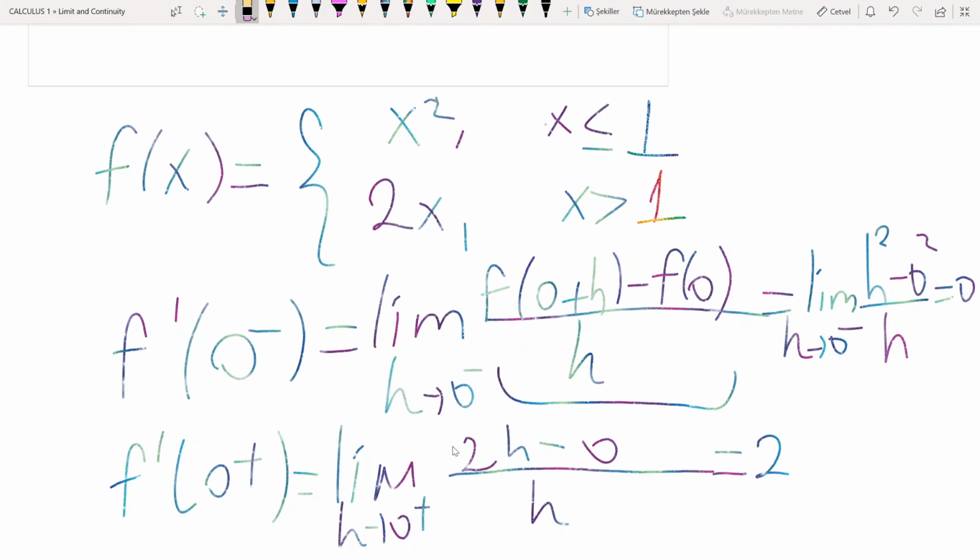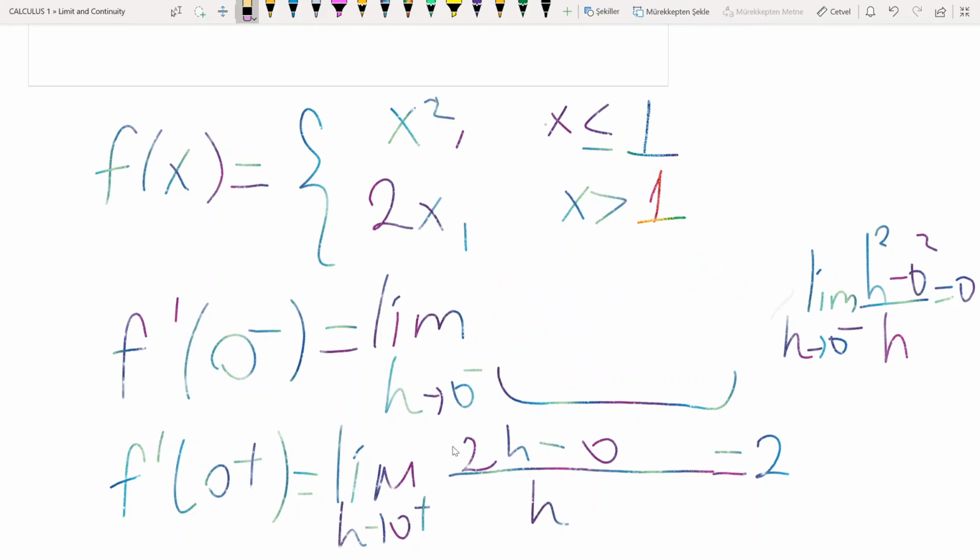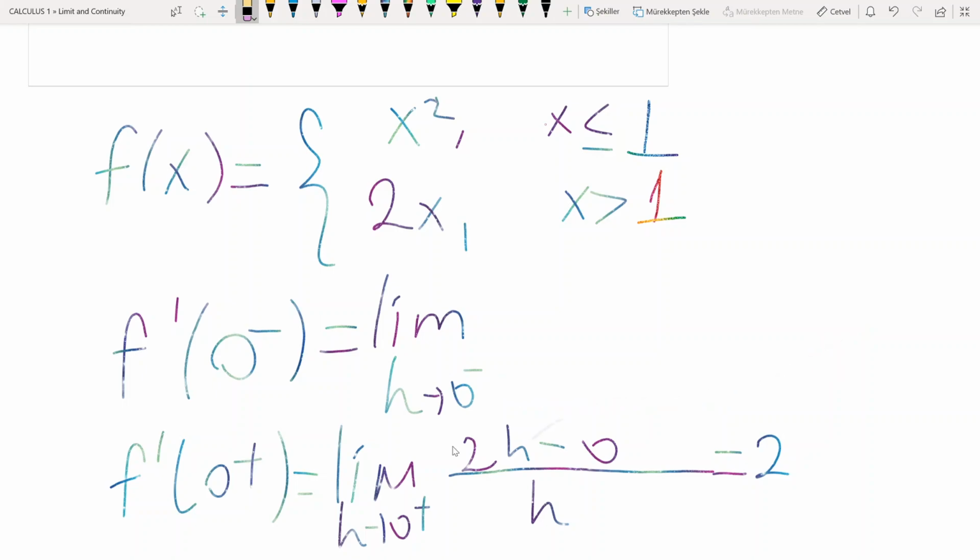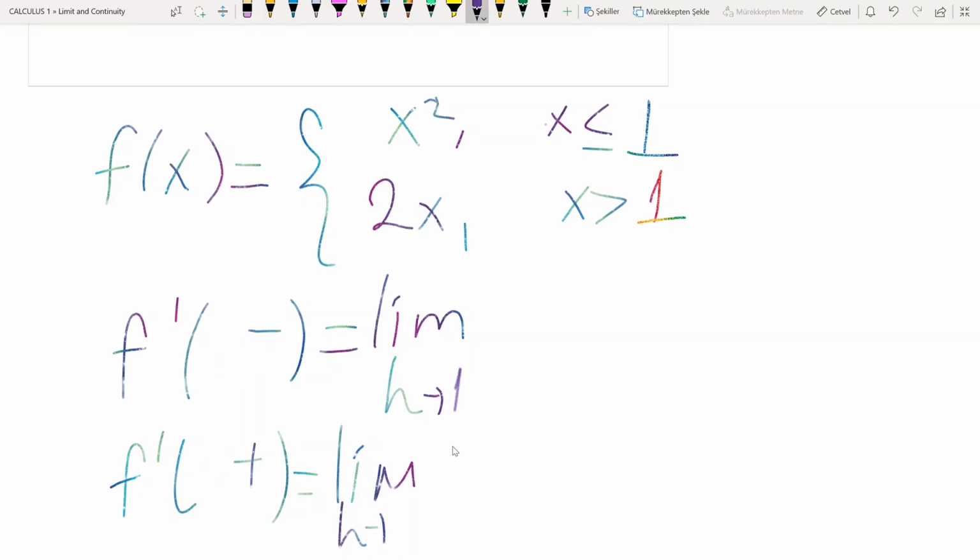I will directly use the formal definition of derivative and see what's happening. This is 1, this is 1, from left, from right.